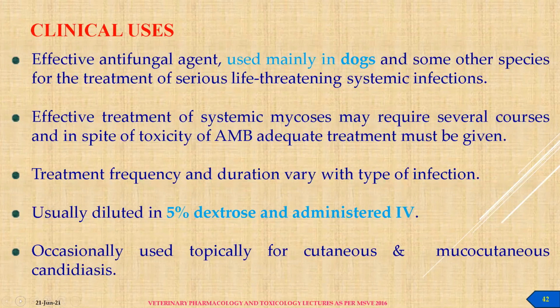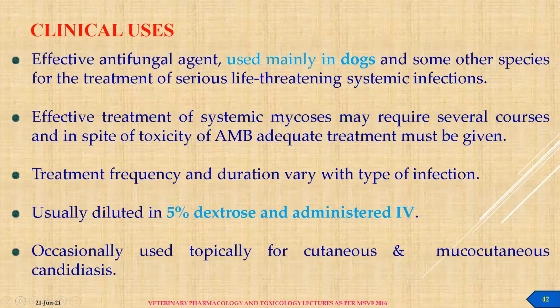Coming to the clinical use, amphotericin B is an antifungal. It has been very popularly used now, effective especially in mucormycosis, which is secondary to coronavirus infections.